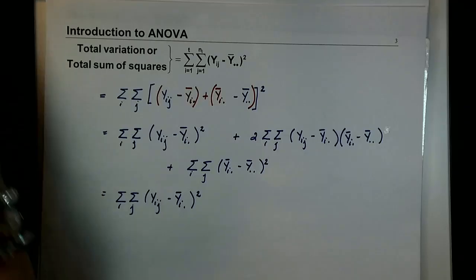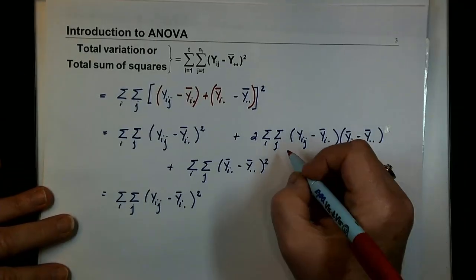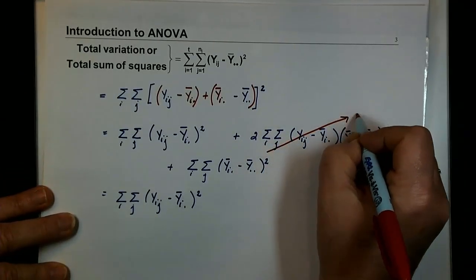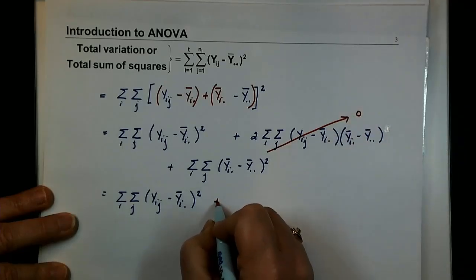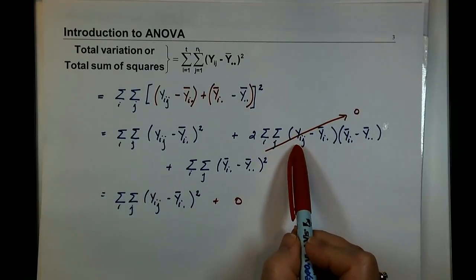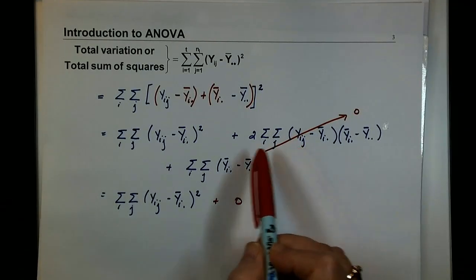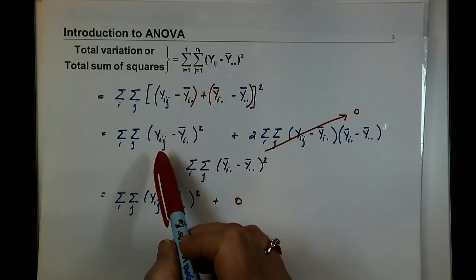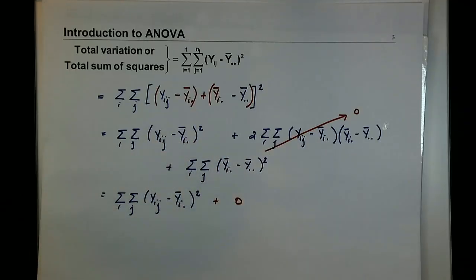The second term, however, I won't give you the details for, but luckily for us, it goes to 0. The reason is that we know the mean is the algebraic center of all the data.